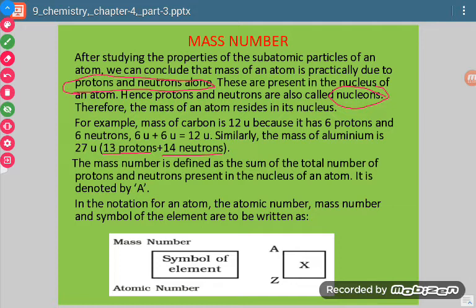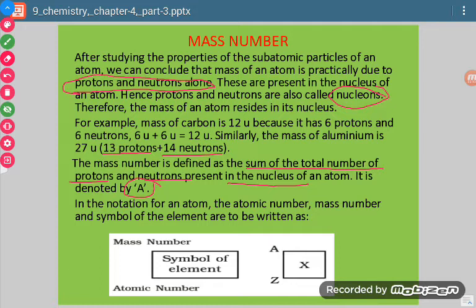So what is mass number now? Mass number is defined as the sum of the total number of protons and neutrons present in the nucleus of an atom. And what is the symbol of this? It is capital A. Okay, now see, for elements we should know the atomic number and the mass number.